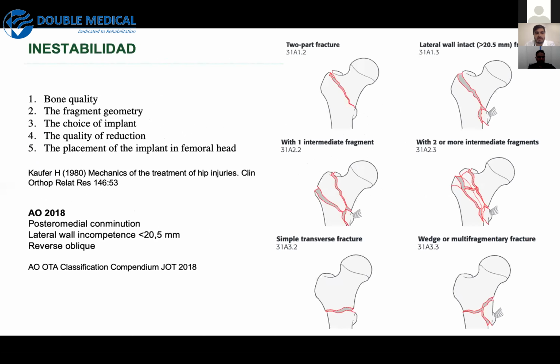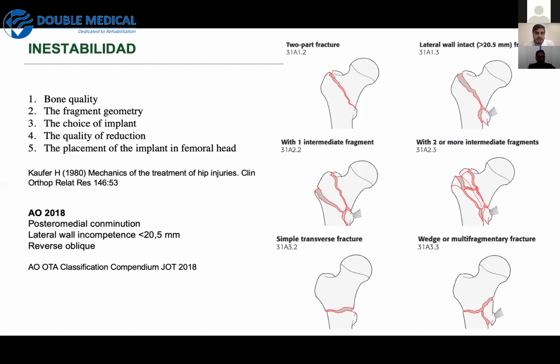So which fracture might fail? First of all, we have to take into account which fractures are unstable. Some authors have said that bone quality, fragment geometry, the choice of the implant, the quality of the reduction, and the placement of the implant in the femoral head are the most important factors for a good outcome in stability.